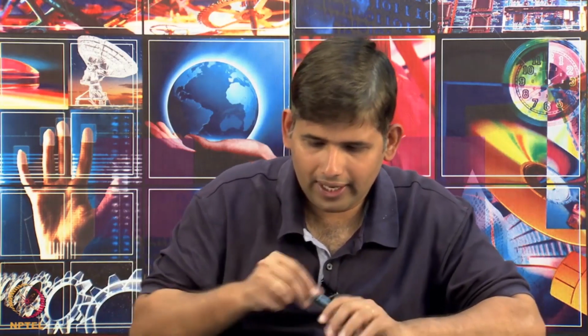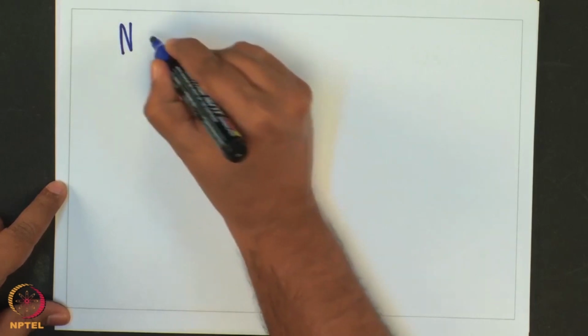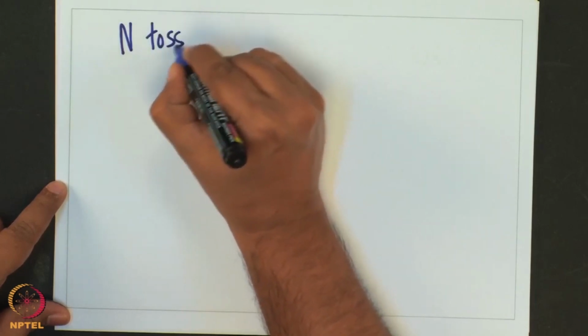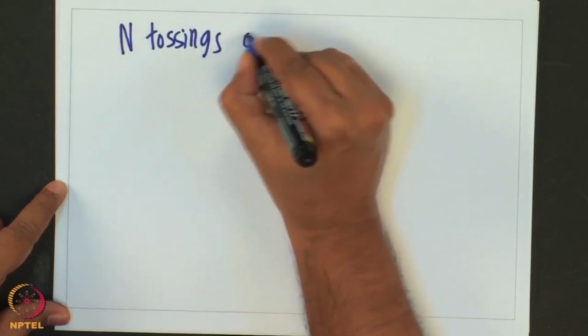What is the probability of getting exactly k females? These are the questions that let us answer first. So I would write here, you have n tossings of a coin.